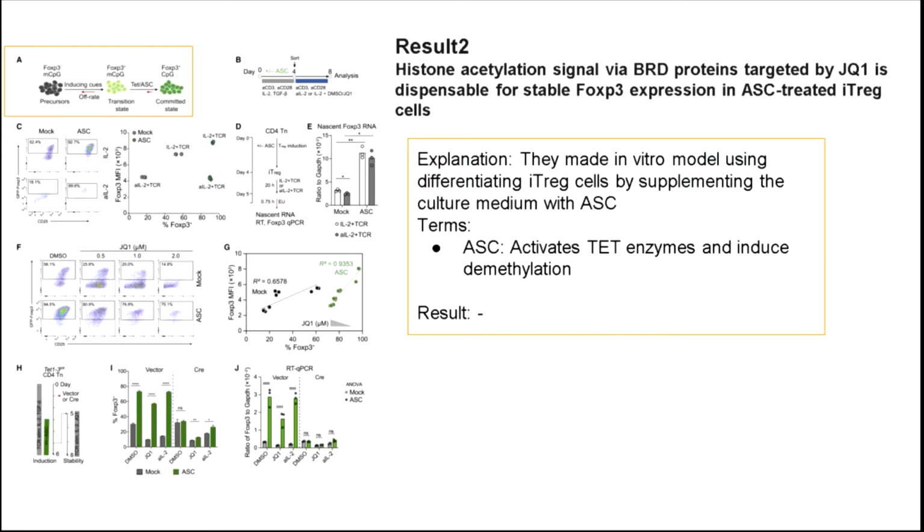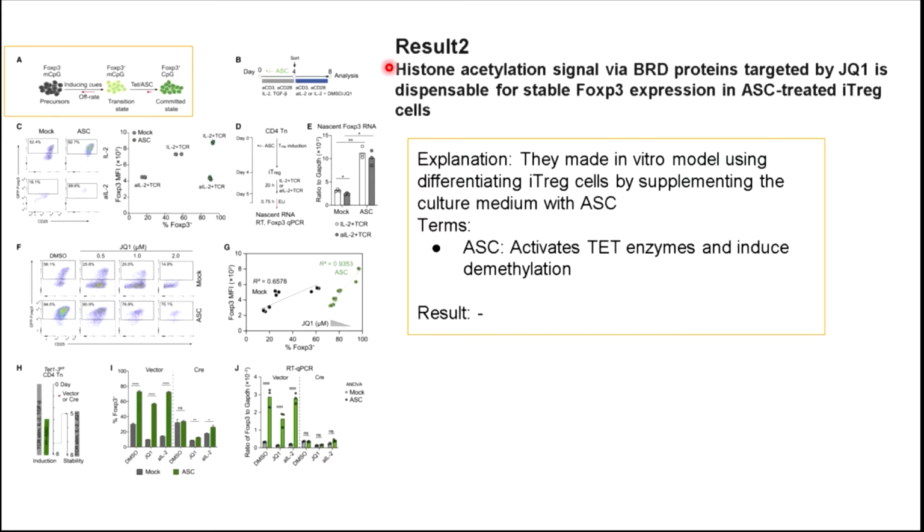And the name of the next result is: histone acetylation signal via BRD protein targeted by JQ1 is dispensable for stable Foxp3 expression in ASC-treated iTreg cells. This means that the major mechanism regulating Foxp3 expression was changed after initiation and became stable.